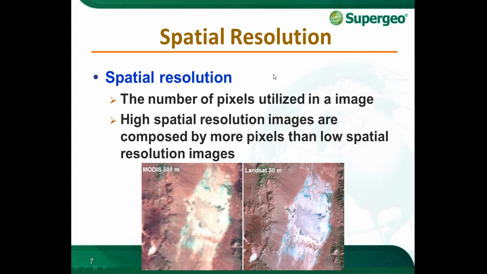You can see that MODIS, which is one of the satellite sensor images, has a spatial resolution of 500 meters, so it is comparatively not very clear. The spatial resolution of Landsat is 30 meters, so you can see the ground shown in a comparatively high, very clear appearance.